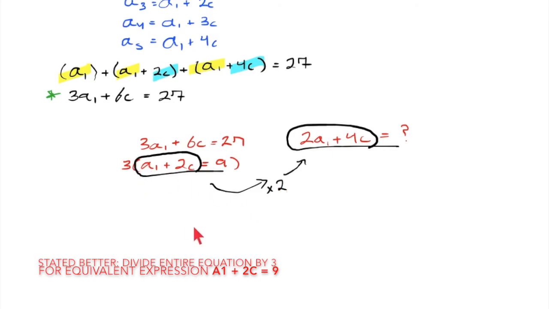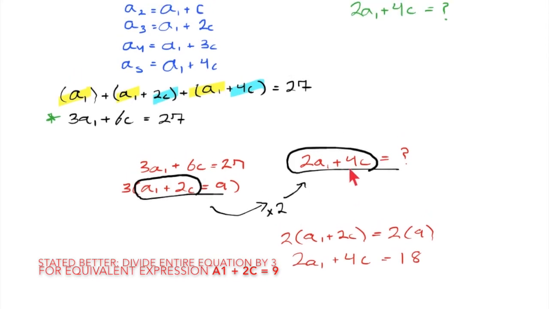This is half of this, which means if a1 plus 2c equals 9, then exactly 2 times that, 2a1 plus 4c, would be equal to 2 times 9. So 2a1 plus 4c is equal to 18.